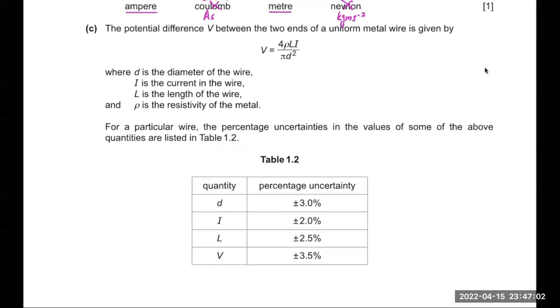Part C says the potential difference V between the two ends of a uniform metal wire is given by V equals 4 rho L I over pi d squared, where d is the diameter of the wire, I is the current in the wire, L is the length of the wire, and rho is the resistivity of the metal. For a particular wire, the percentage uncertainties in the values of some of the above quantities are listed in Table 1.2.